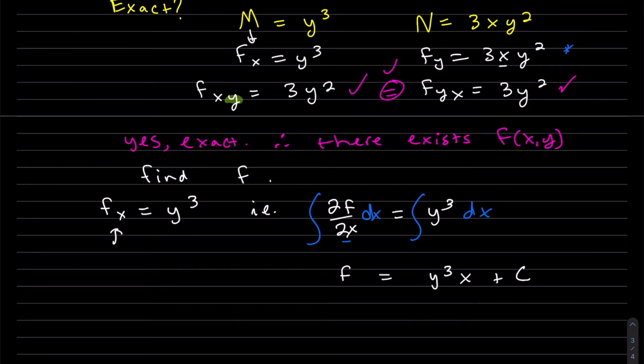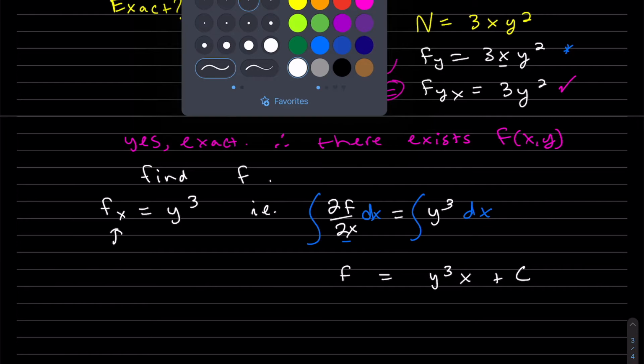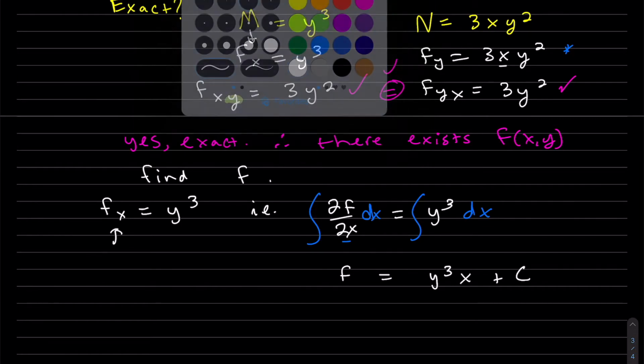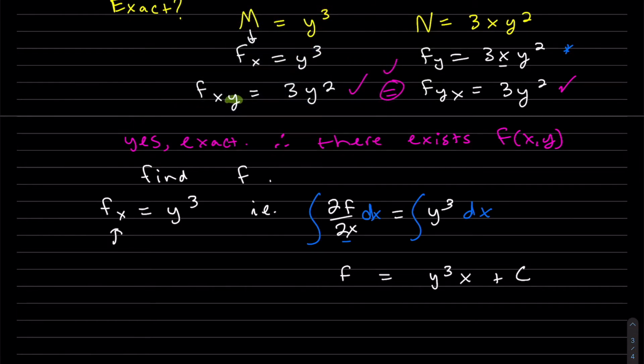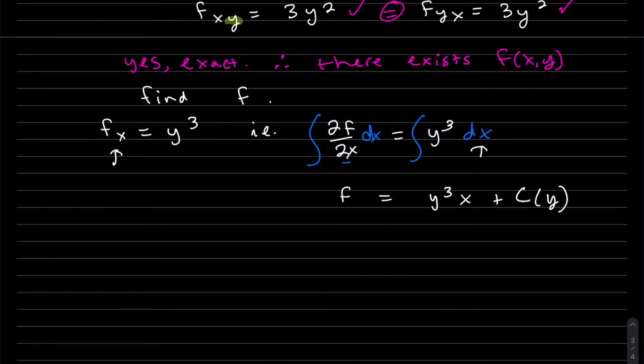But it's not just any constant. Remember, a constant here, because this is in terms of x, could be in terms of y. So f is x y to the third plus a constant of y. So we found it, except we don't know what that constant is in terms of y. So we have to be able to find that.